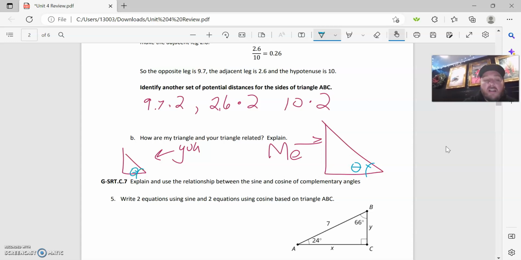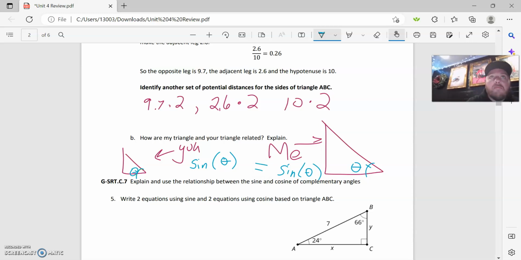If I want to focus on that and say the sine of my theta versus the sine of your theta, the sine of theta for you and the sine of theta for me, they're going to be equal. That's how they're related.